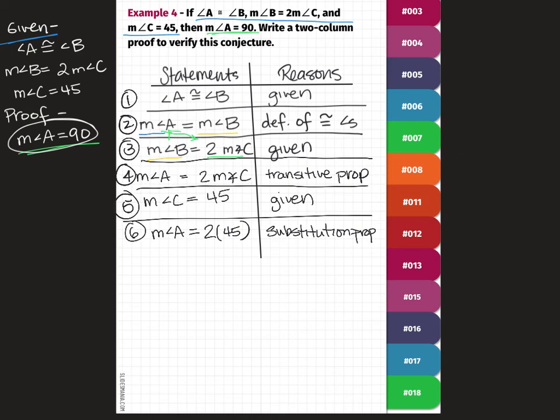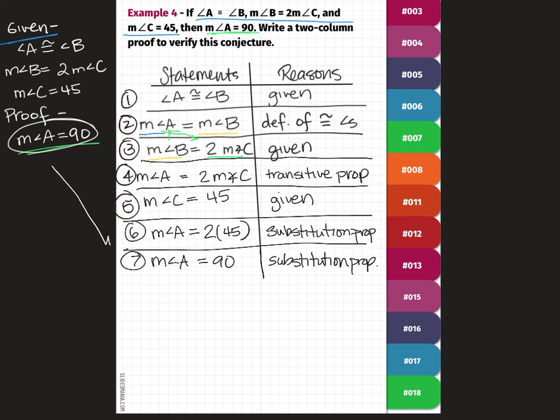And then in my next line, the measure of angle A is equal to 90. Again, that is the substitution property, because what I have done now is 2 times 45 is equal to 90. So I'm substituting an equal value. And that is what I was having to prove. So these two things match up. Because they match up, that means I am done.